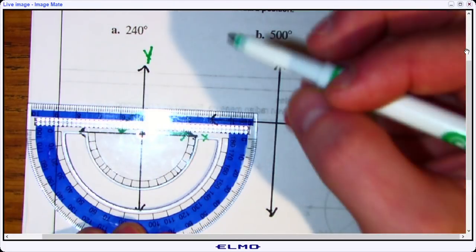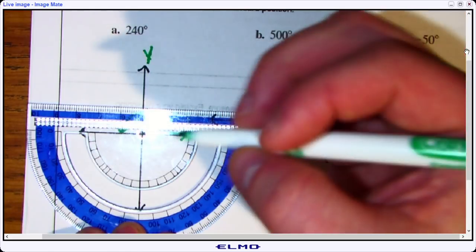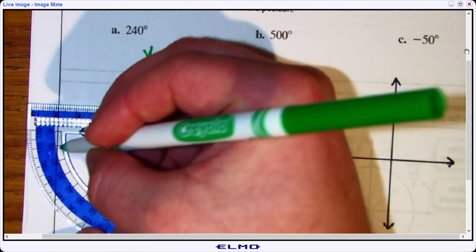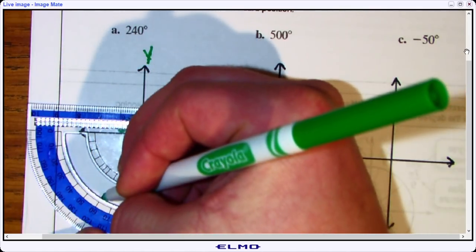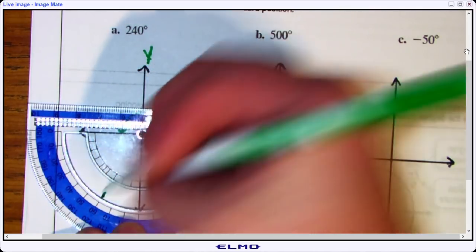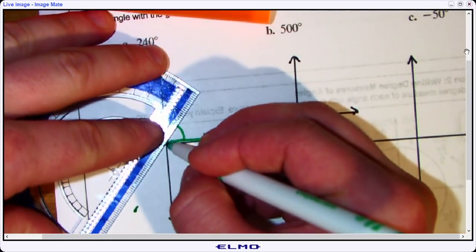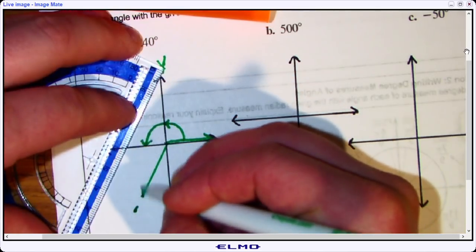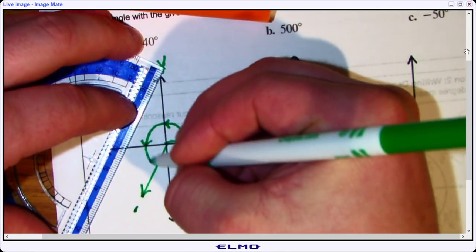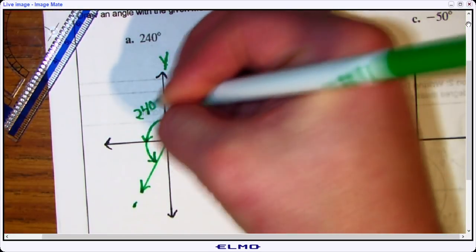So 180 degrees, we want to get to 240, so we've got to go another 60 degrees, so we can just count off 1, 2, 3, 4, 5, 6. Draw our terminal side in. And there we go, 240 degrees.